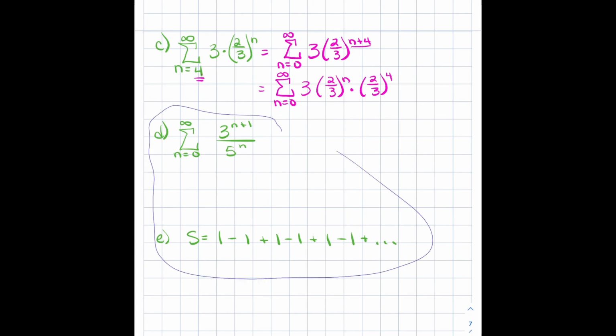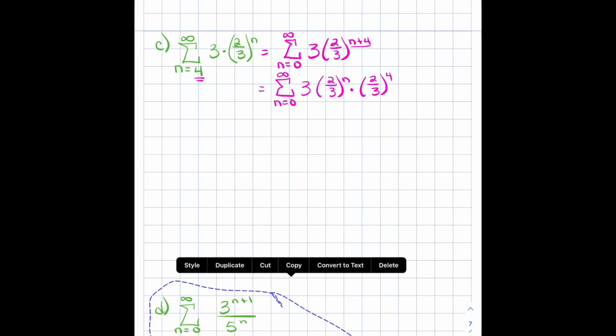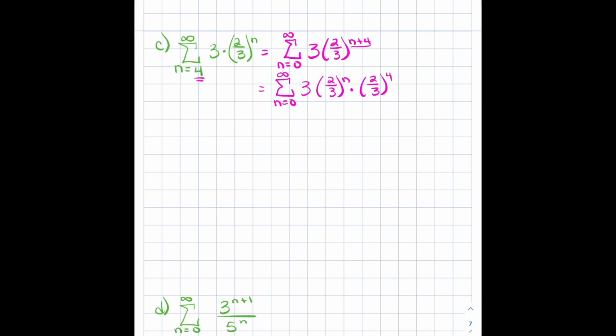I'm going to move these down because I still didn't leave myself enough room. Now I can see what a is going to be. It's not pretty, and I'm going to do a little more with this, but 3 times 2/3 to the 4th is my a term.